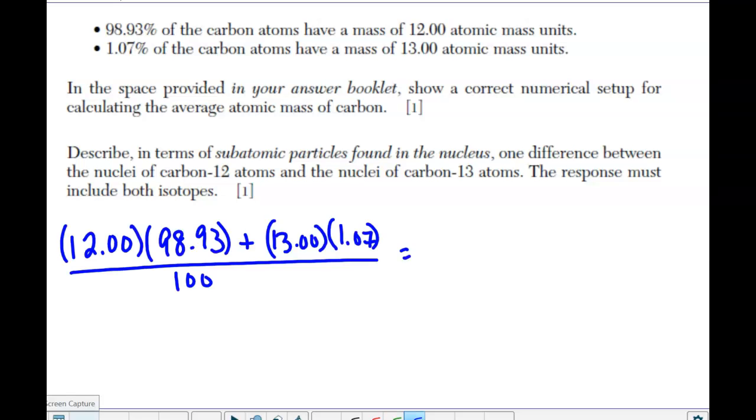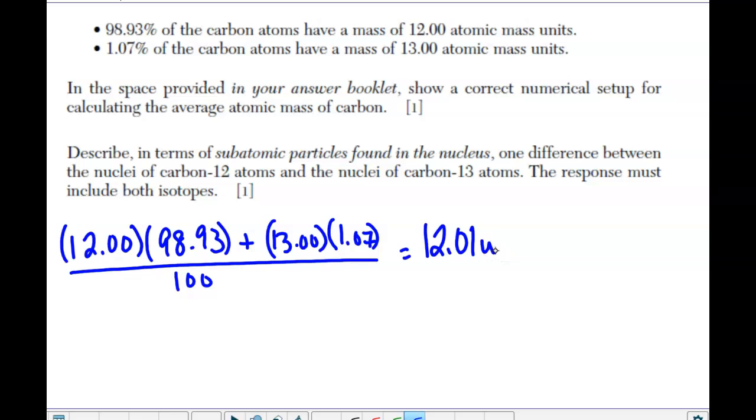All right, so I have the mass times the abundance, so 12.00 times 98.93, plus the mass times the abundance, 13.01 times 1.07, all divided by 100, and I end up with 12.01 atomic mass units, which is exactly what it says on the reference tables.